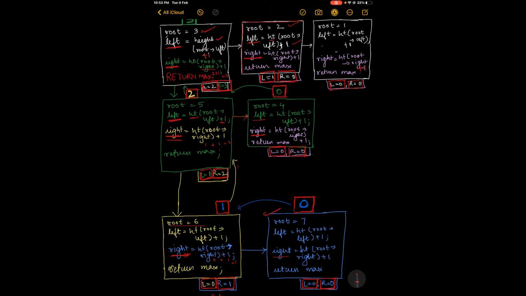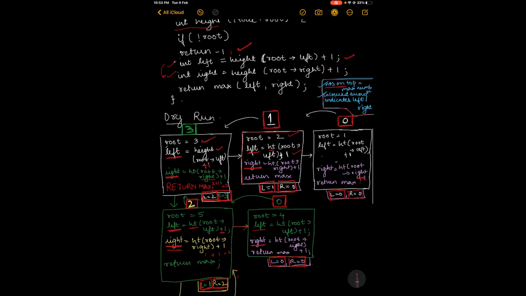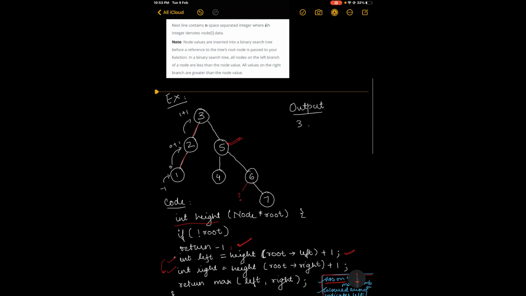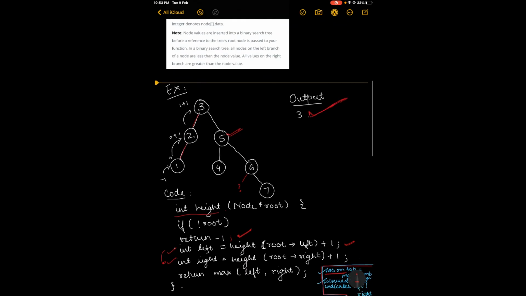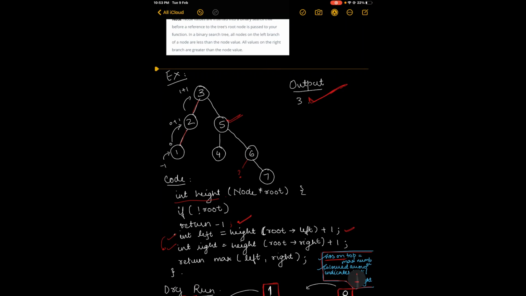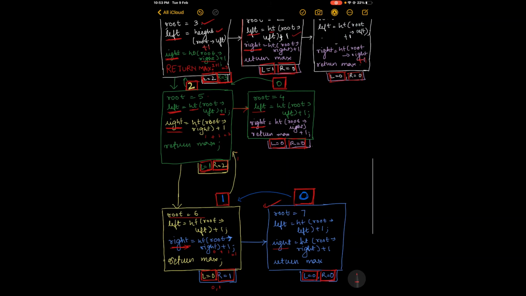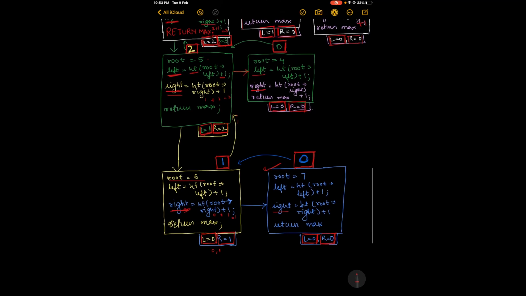So maximum of 2, 3 is 3. And so that's why this 3 is written on top. And that is our answer. So we've got the same from when we visualized it on the example, that is the number of edges, that is 3, and also from the dry run that we just did.